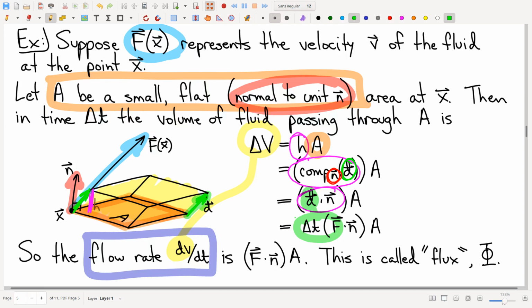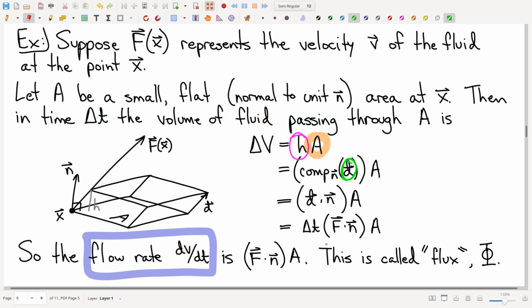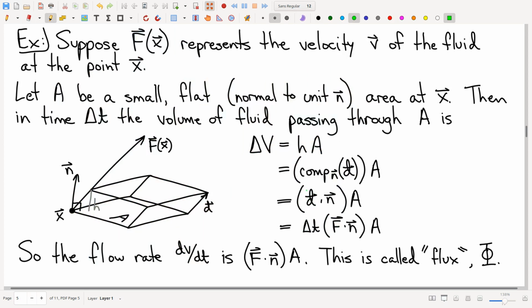All right, so now I've got a colorful picture here, which I'm going to clean up a little bit. I'm going to erase most of what we've got here. In fact, why don't I just erase everything? And keep in mind, we want to know flow rate, so volume per unit time. How are we going to represent time? Well, time is this delta t there that we're taking the derivative with respect to.